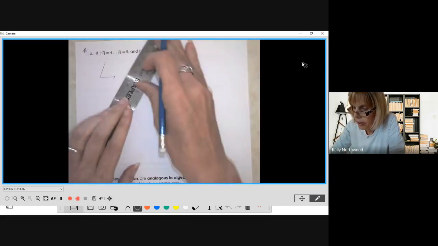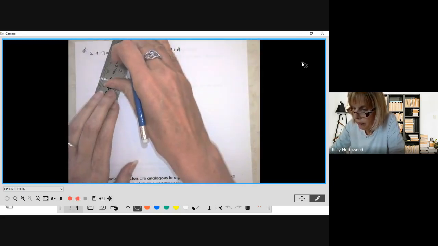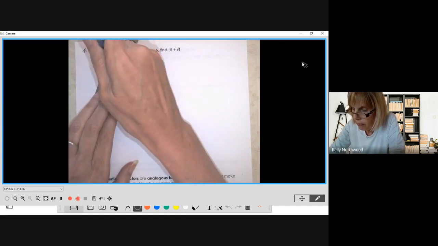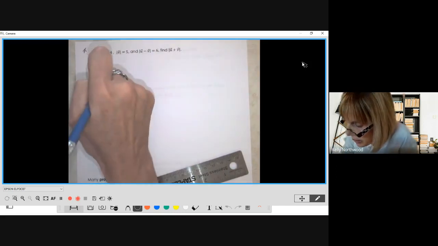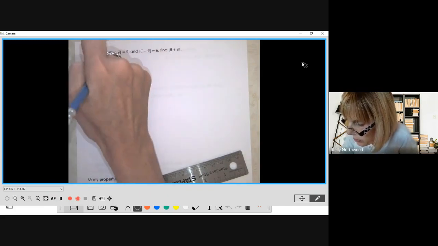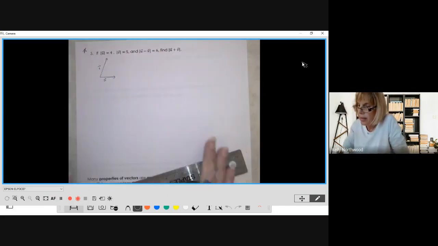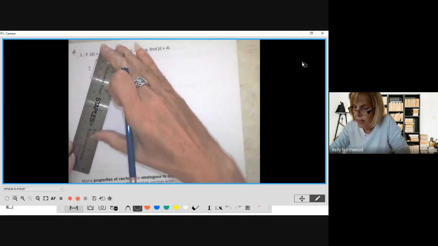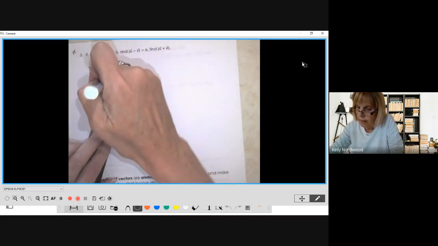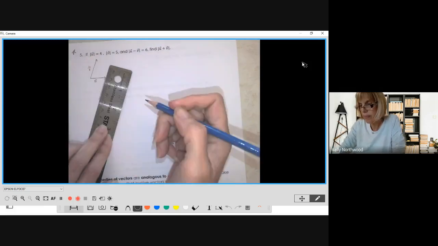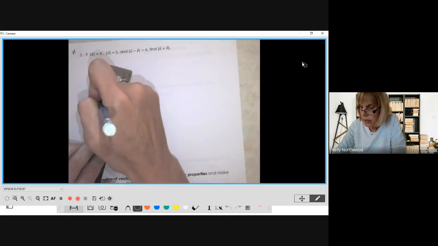Does that look a bit longer? No, not really. Okay, so I'm guessing for now, this is my vector u, this is my vector v, and then vector u minus v is going to be the same parallel, but the opposite direction.